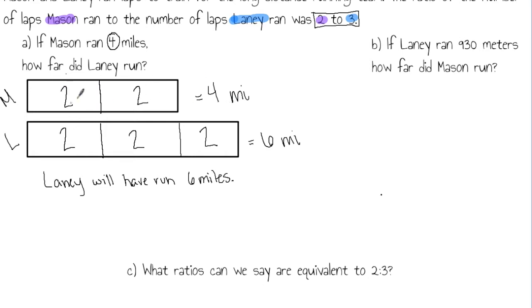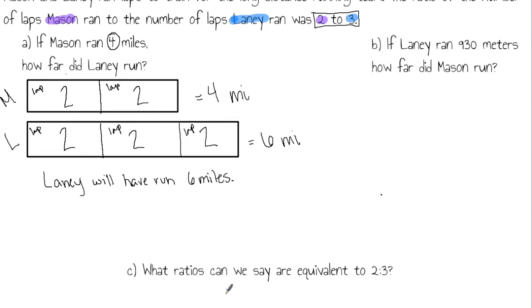And if each box is worth 2, or in this case, each lap, because this is a lap and this is a lap, then the same thing holds for Laney: each of Laney's laps would have to be 2 miles. So it makes sense that if Mason ran 4 miles, Laney ran 6. Because while he's doing those 2 laps, she's able to get 3 laps done. So she's able to get that extra lap in and get that extra 2 miles.